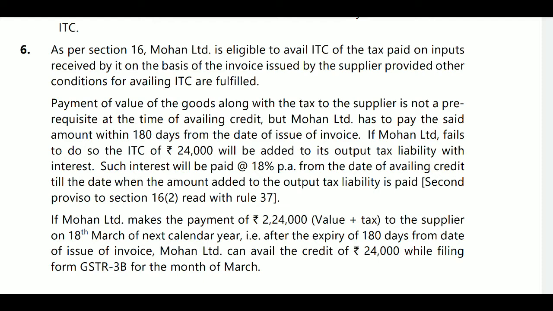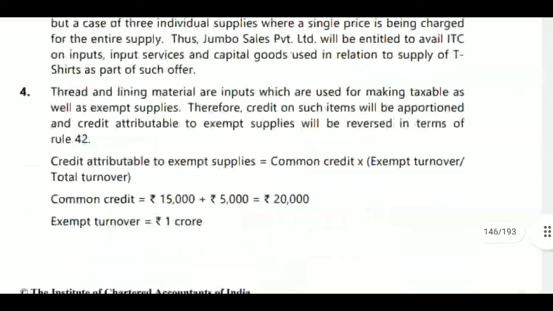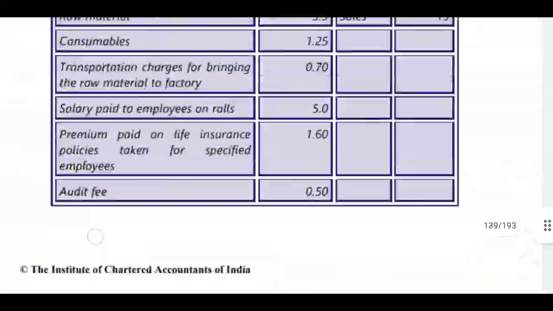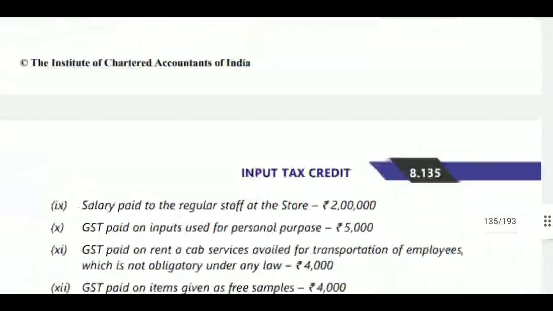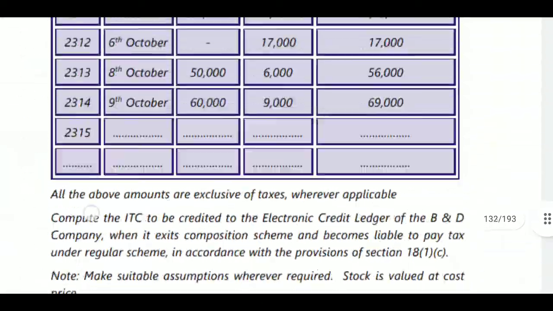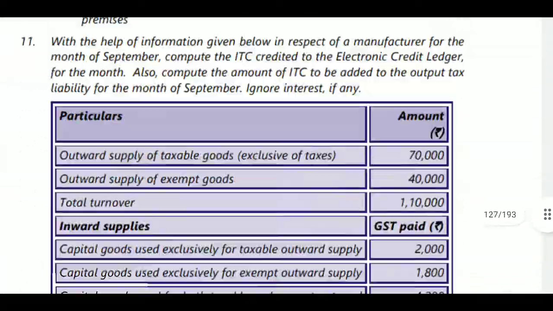So after the expiry, he must add back to the output tax liability plus interest, and he can claim that amount once he has paid in the month of March. In March, he cannot claim the interest amount, only the output tax liability he is paying.